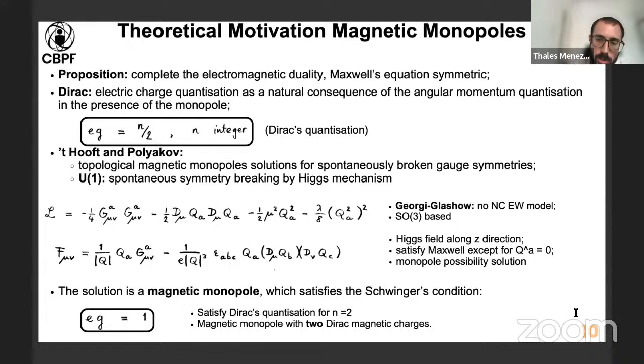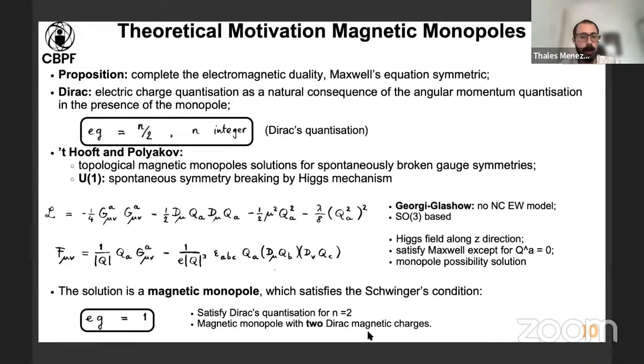And when this one equation is not satisfied, we have our possible magnetic monopole solution. When we further develop the calculations, we indeed see that this solution satisfies the Dirac quantization and can be defined as a magnetic monopole type of solution. For this specific case, it is a monopole with two Dirac charges.